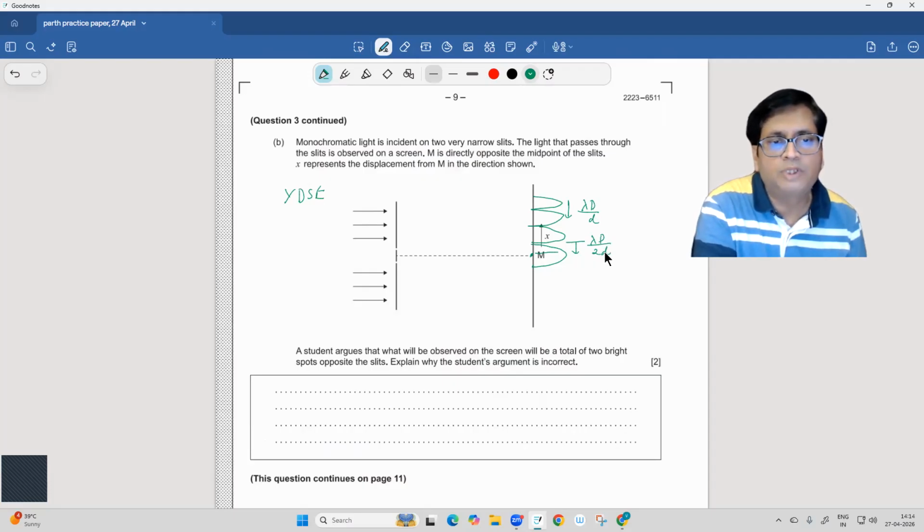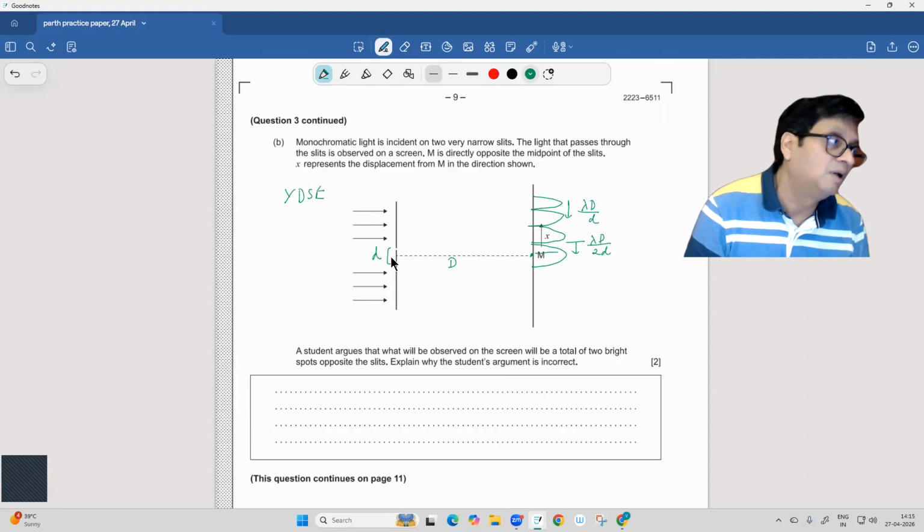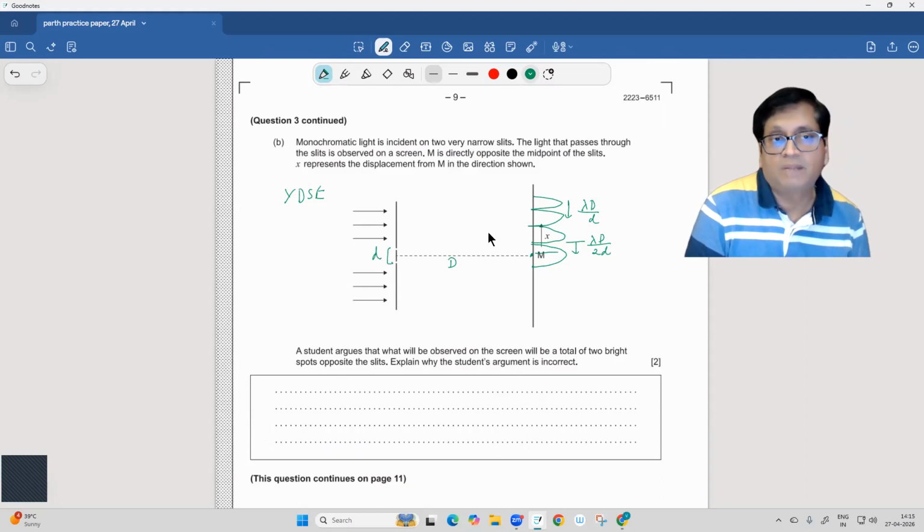Some people write d as a; I have written this as small d and this as capital D. Capital D is this distance and small d is this. Small d is very small and capital D is maybe 1 meter, but d may be in millimeters or even less. That's how the dimensions are taken in YDSE.